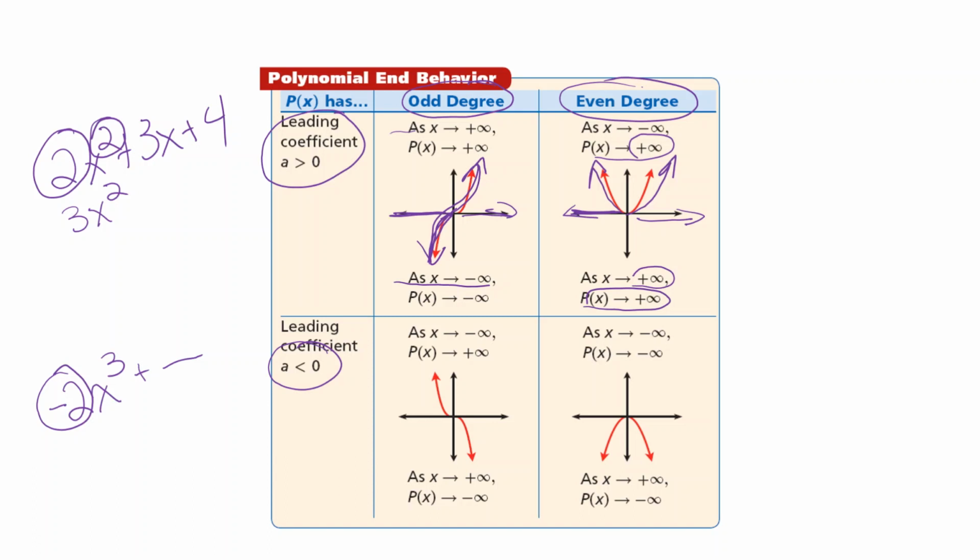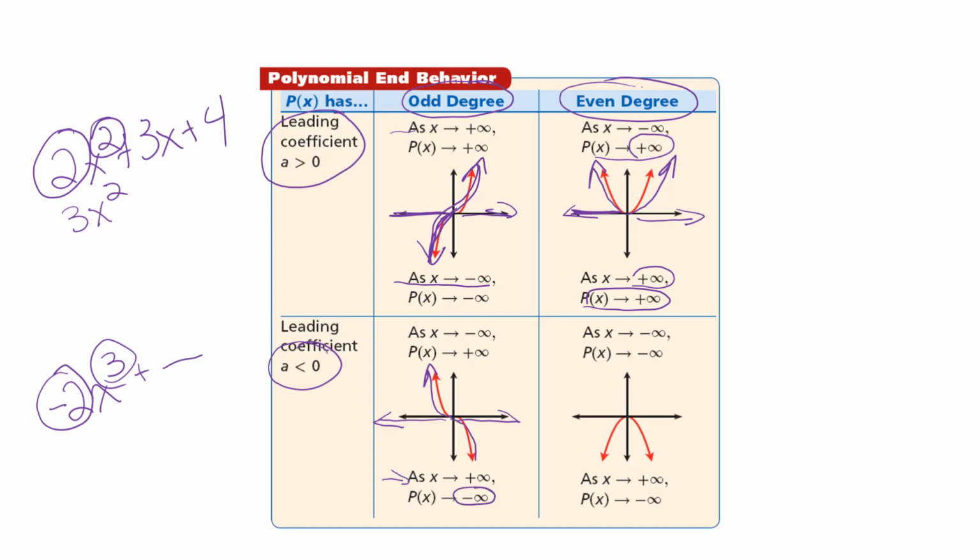If we have an odd degree, which I do in this case, as x approaches negative infinity, that means as it's getting more this way, what happens to my graph? Well, it actually is getting more positive. And as x approaches positive infinity, my graph is getting more negative.